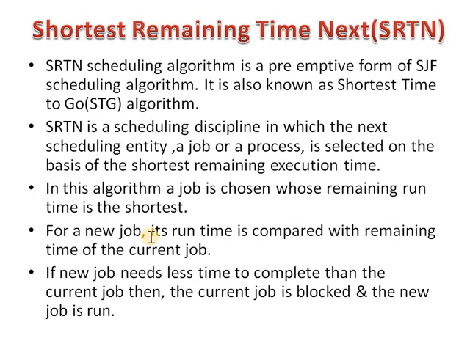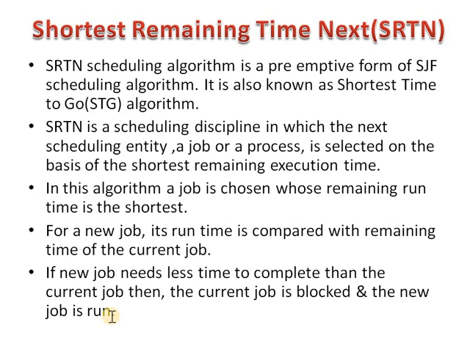And if a new job needs less time to complete than the current job, then the current job's execution is stopped or blocked, and the new job or new process is allocated to the CPU and the new job is running. This is the shortest remaining time next algorithm.